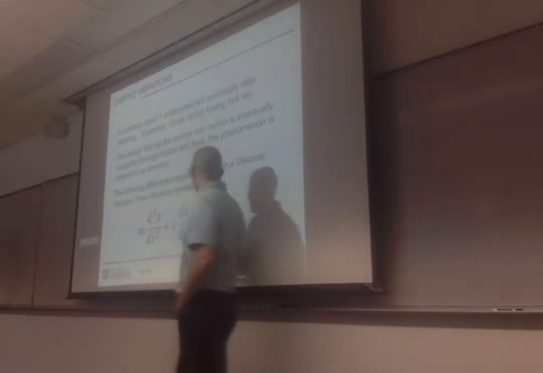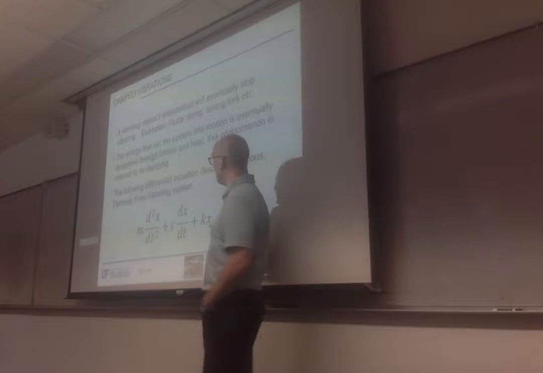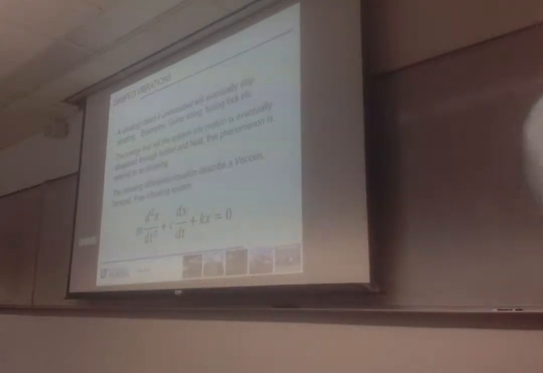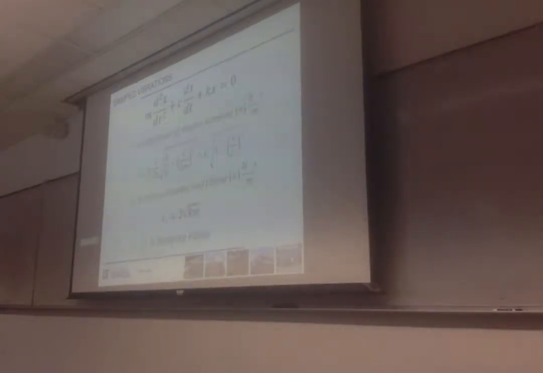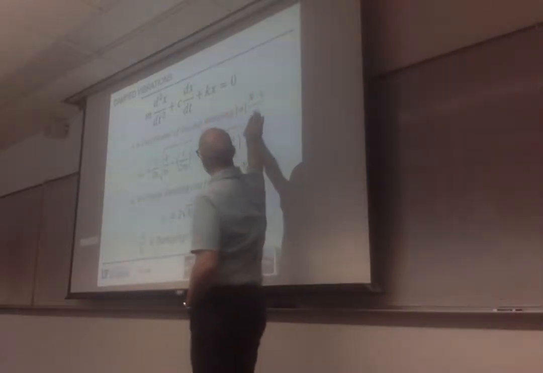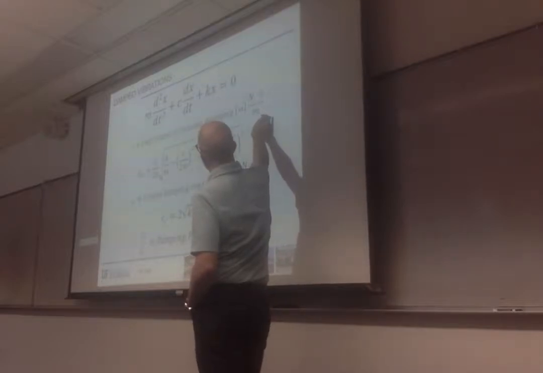The difference with this equation, compared to what we had before for just free vibration, is this term here. In this equation the coefficient C is the damping coefficient of viscous damping.